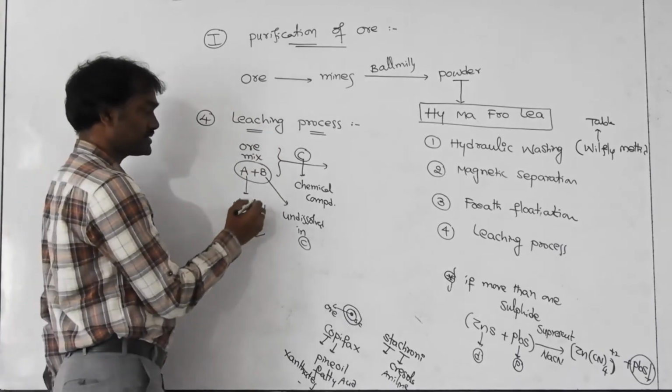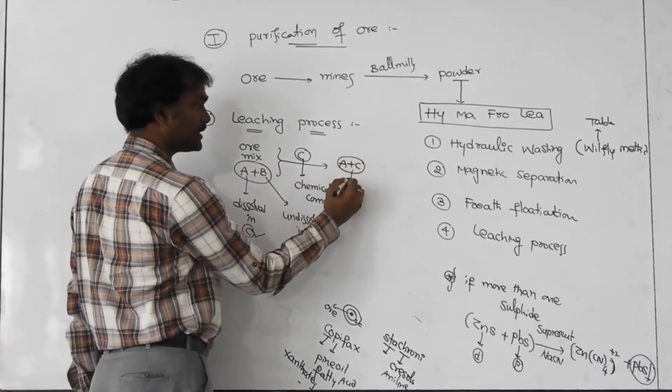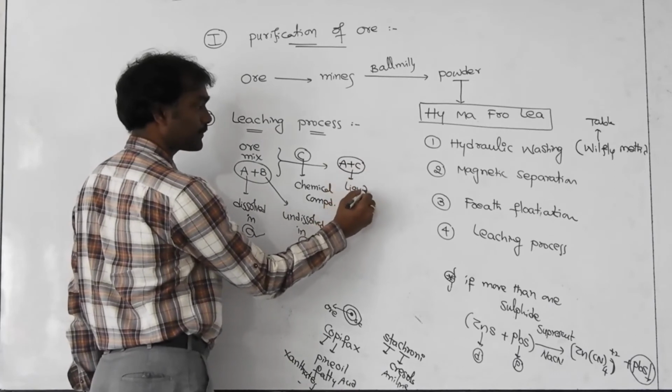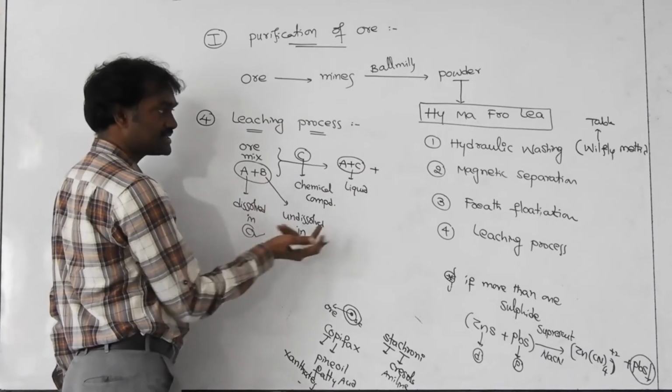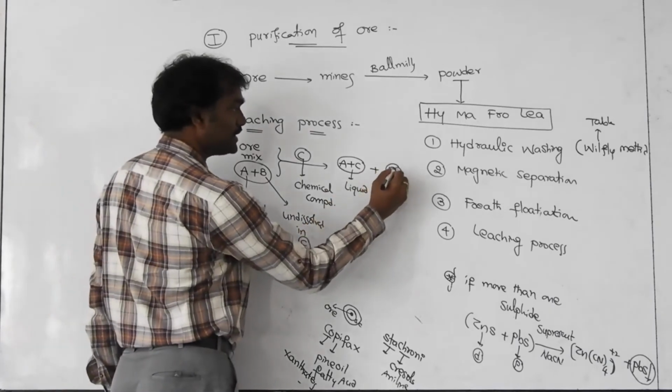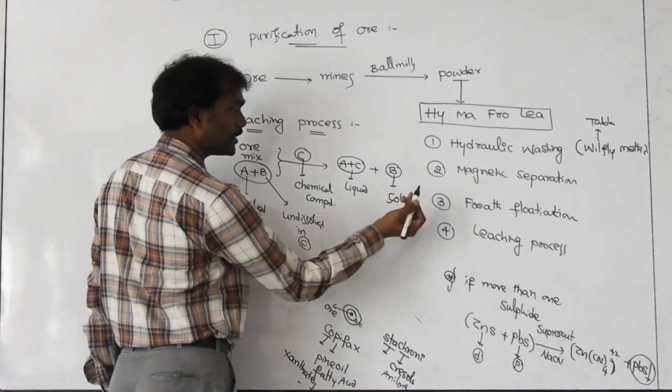Then what happens? A is dissolved in C, so A and C are combined in the liquid state. B is not dissolved in C, so B remains in solid form.